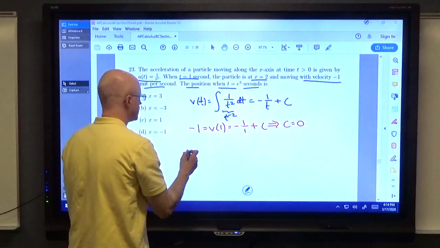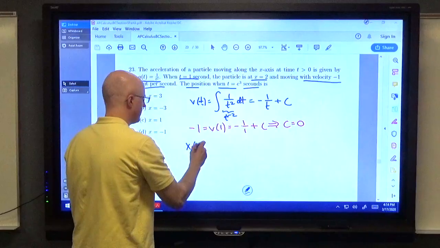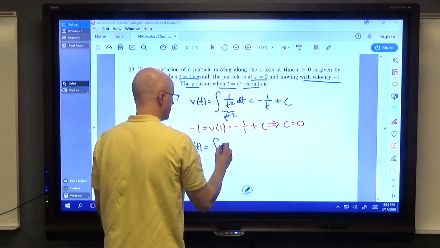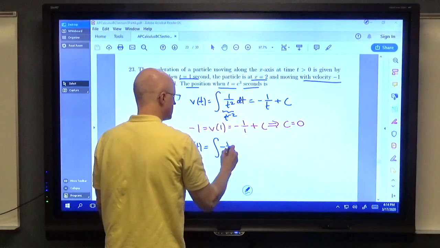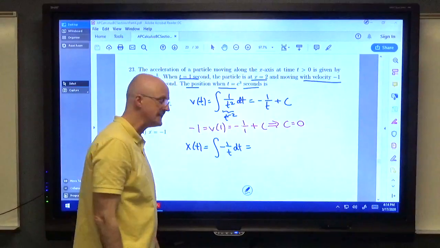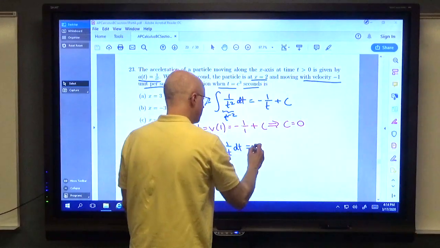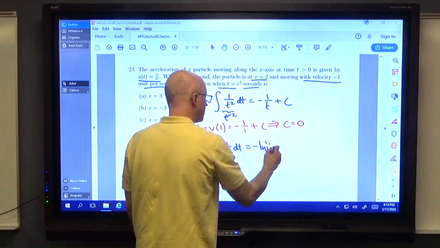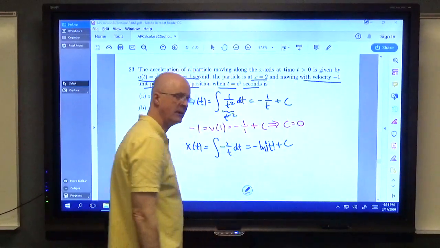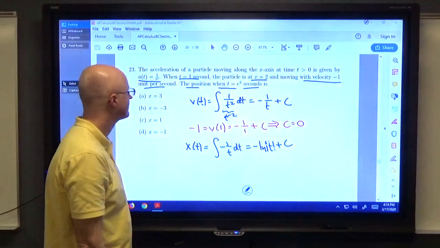What about the position, x as a function of time? Integrate the velocity. Integrate -1 over t, and again, find an appropriate c. Integral, that's going to be negative natural log of the absolute value of t. T is positive here, so I don't really need the absolute value signs.